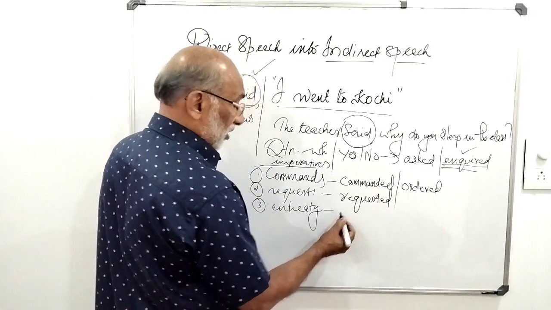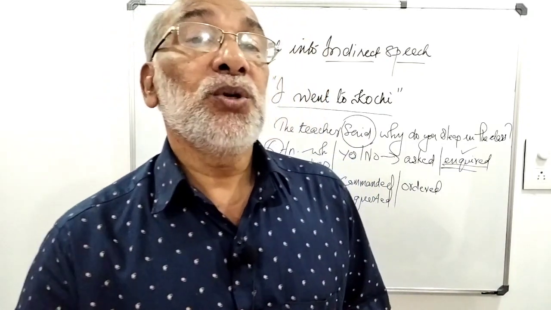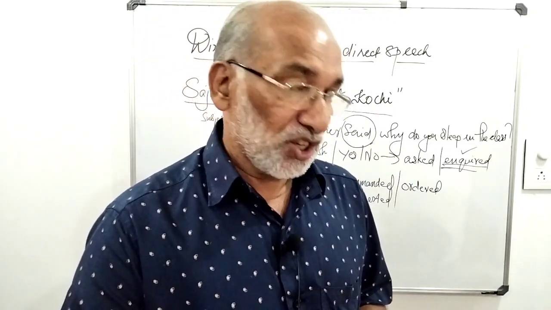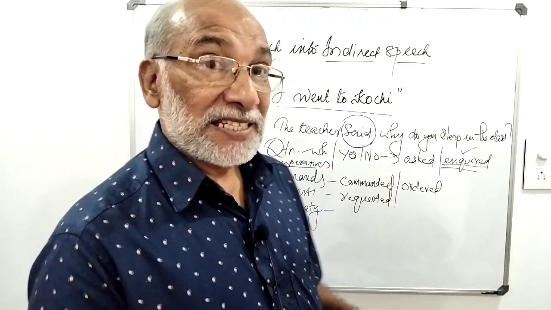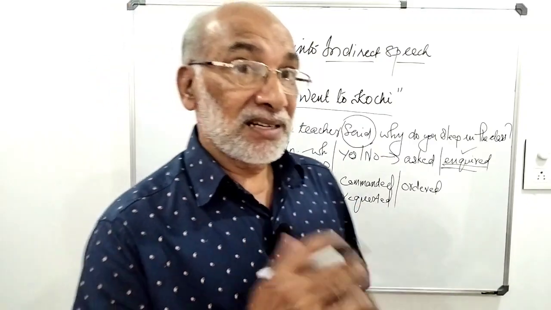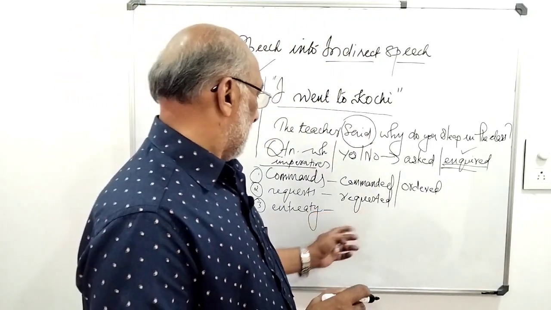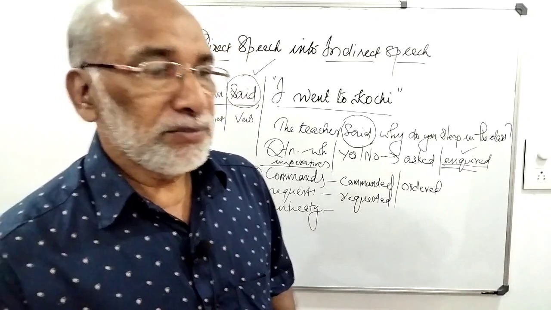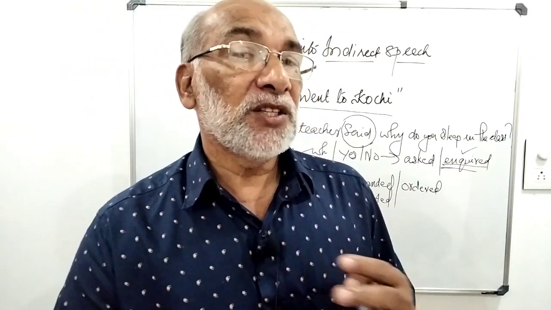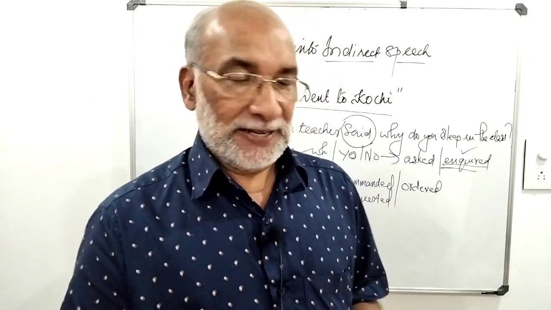And third one, entreaty. I'm not sure whether the term is very familiar to you. I used it in my third video, okay, on types of sentences. When you get time, of course, you can go back and see that video once and come to direct and indirect speech. It will be very clear to you. Entreaty means an earnest request. Entreaty is a term that we use for the language that we use in our prayers.